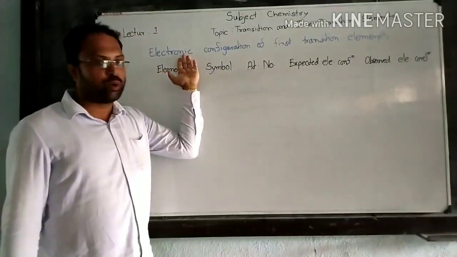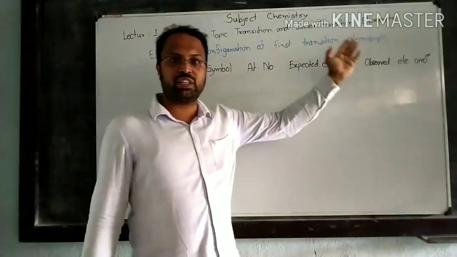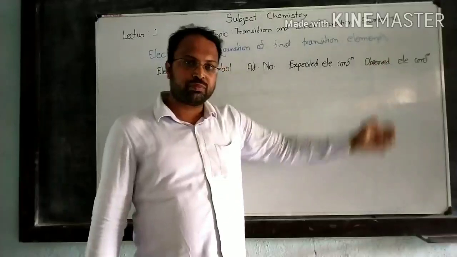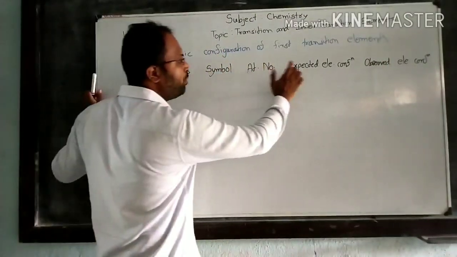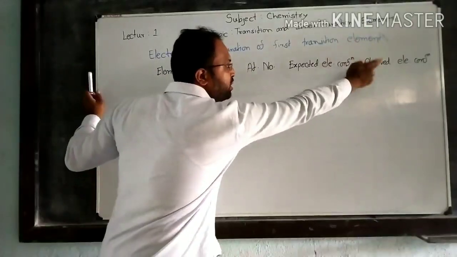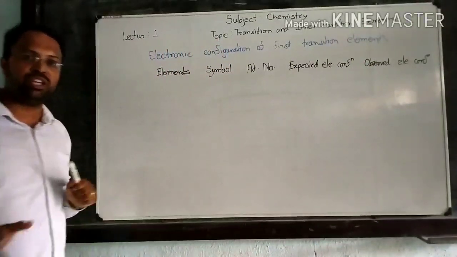Okay, now the next point is the electronic configuration of the first transition series. We see in the table the element, symbol, atomic number, expected electronic configuration and observed electronic configuration of each element.